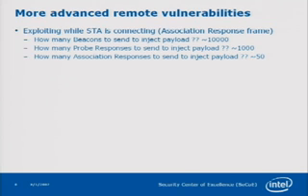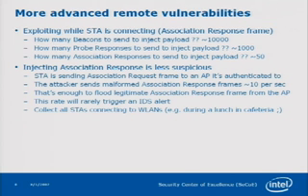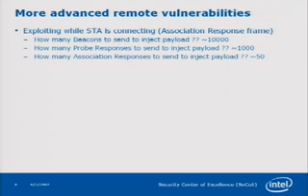The attacker can exploit the driver while the station is connecting to a WLAN or associating with an access point by injecting the association response frame. The association response frame has some advantages. To inject a malformed beacon frame, it is roughly necessary to send thousands or even tens of thousands of beacons.